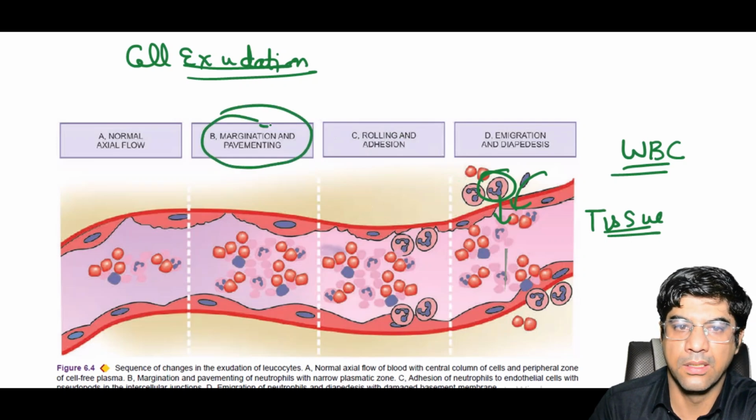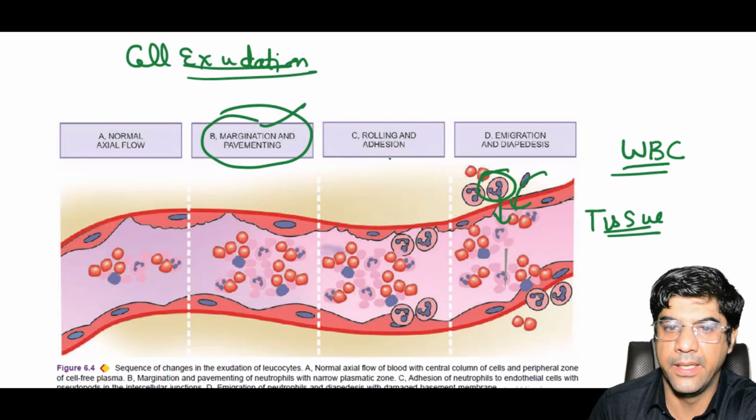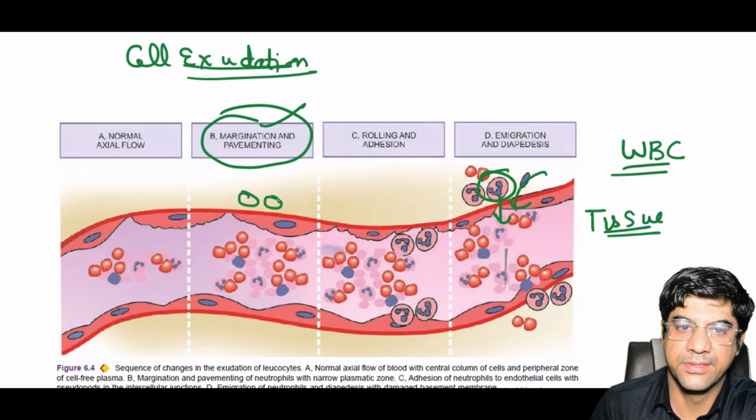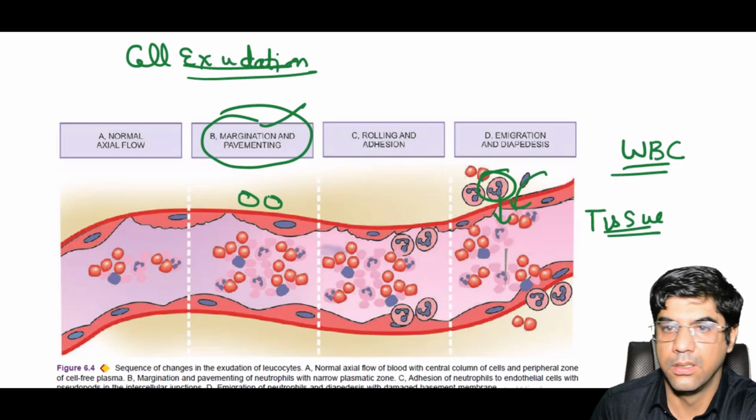The second stage is margination and pavementing. Because of the slower flow, the leukocytes, especially the neutrophils, line up along the vessel wall.